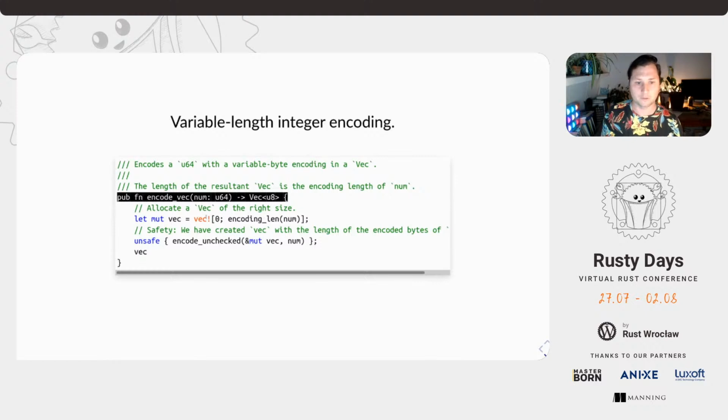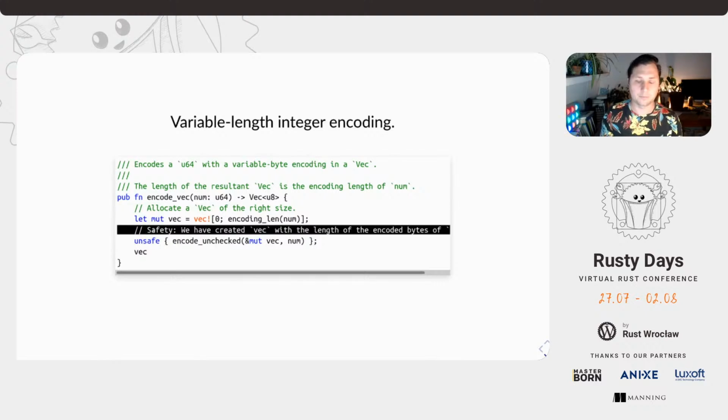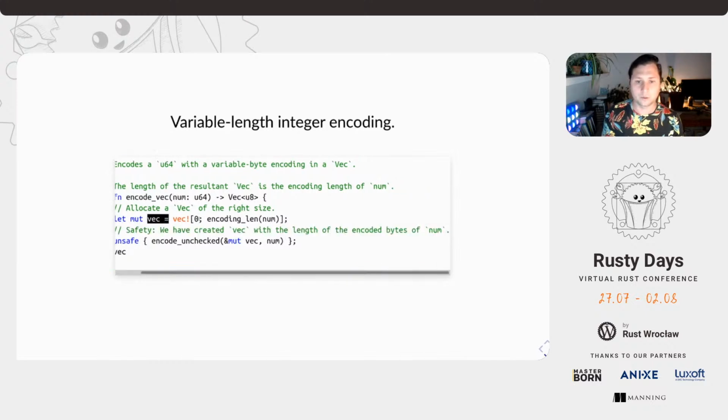So we create a vector of size length, and then we call an internal method, which is encode_unchecked. Even at this wrapper, this isn't really unsafe. We're just calling an unsafe function or an unsafe method. There's already a safety block saying, we know that we have created our vec with the required length, and therefore it is safe.